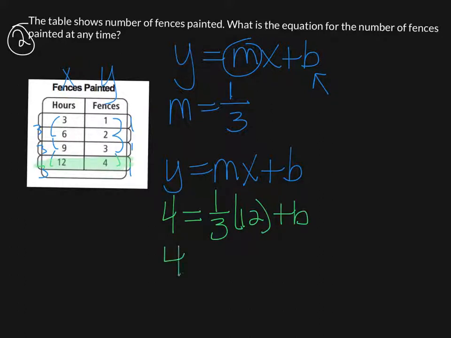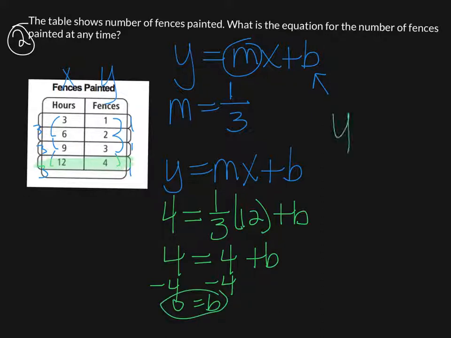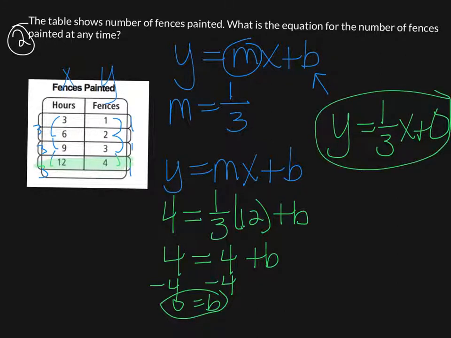So I have 4 equals 1/3 of 12, which is 4, plus b. Subtract 4, and b equals 0. So now, since I know what b is, y equals mx plus b, and there's my equation.